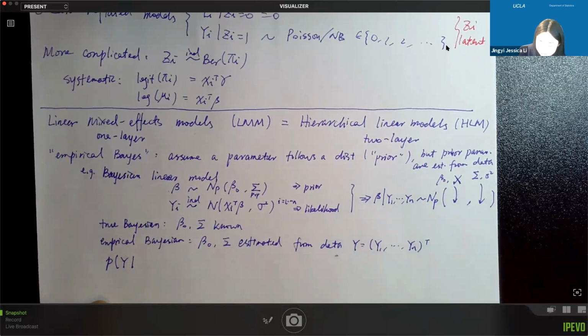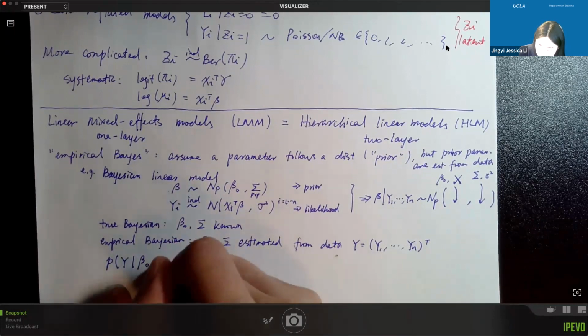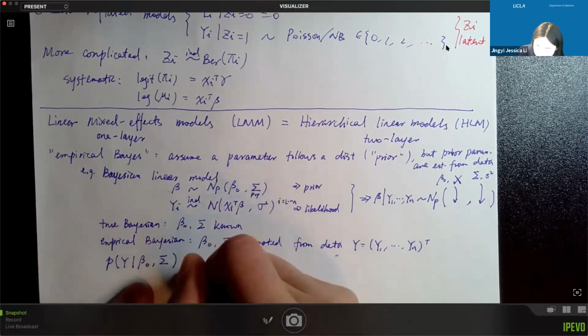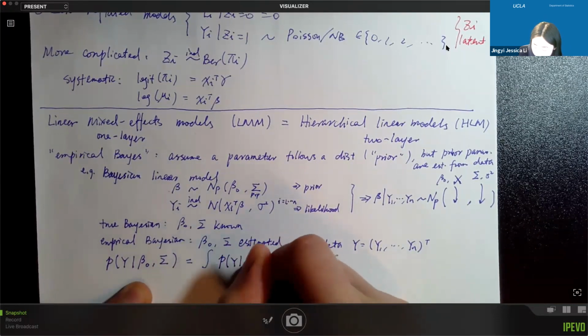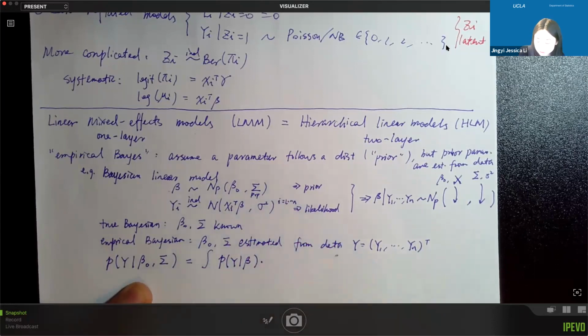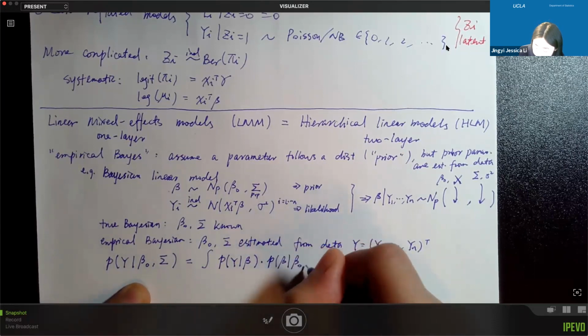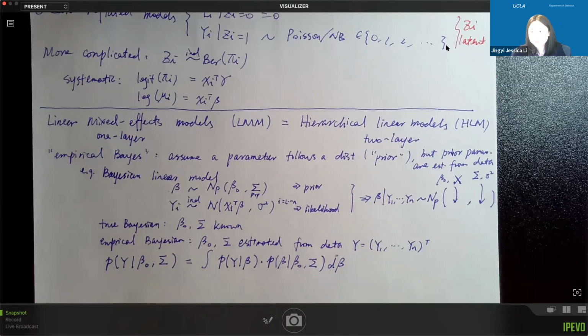Transpose. So for this data, what I want is to derive its joint distribution just given beta 0 and sigma. And this can be obtained from the fact that I first obtain the joint distribution of y given beta for any particular beta, times the density of beta given beta 0 and the covariance matrix, and then I integrate out beta. This is the typical approach to remove the intermediate parameter.